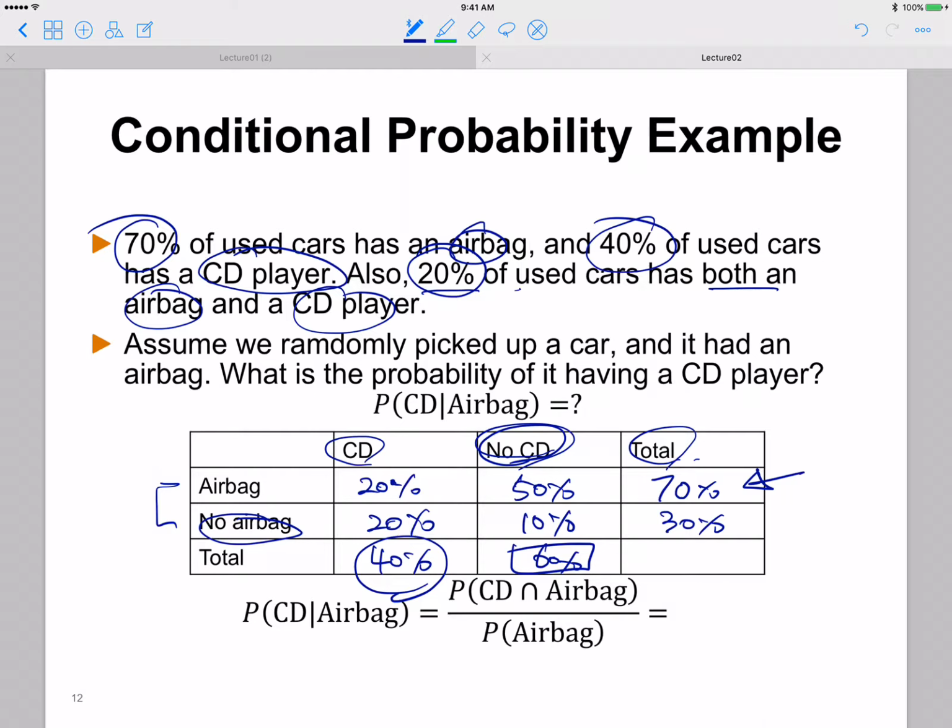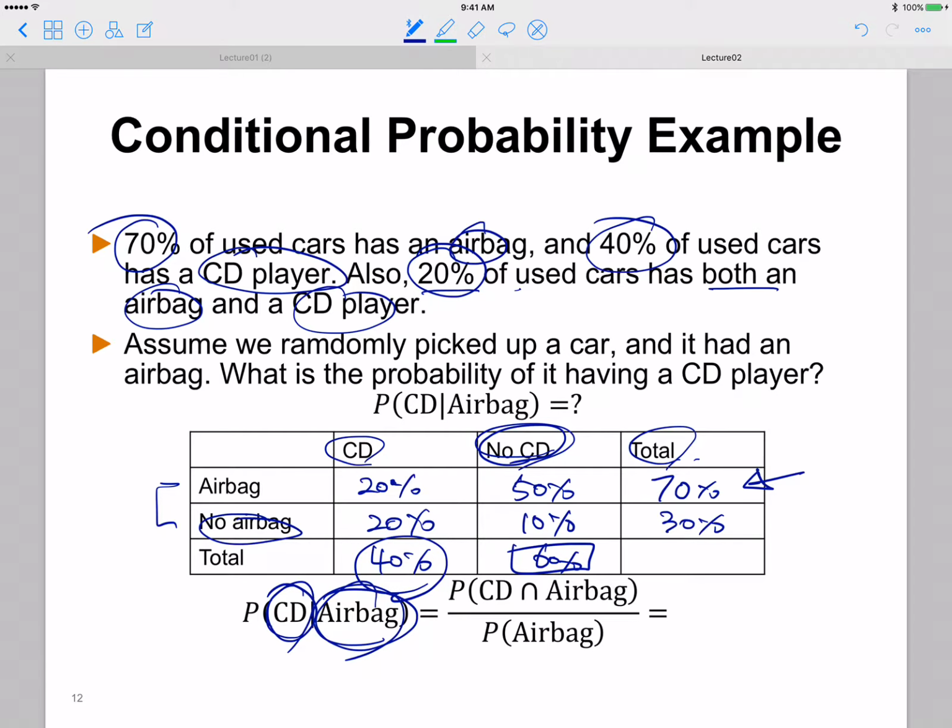What is the probability of having a CD player given our car has an airbag already? We only consider those cars that have an airbag, and only from that subset we compute the probability of seeing the CD player.